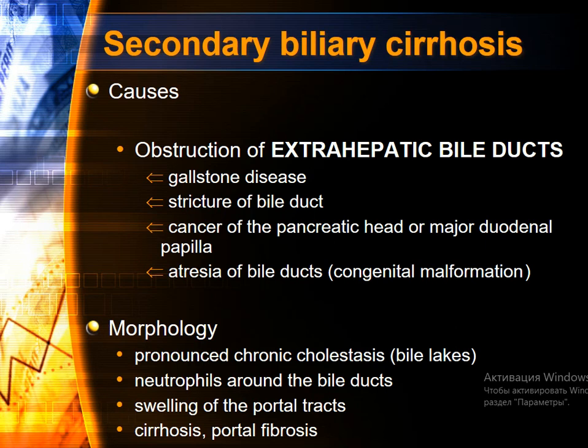So, secondary biliary cirrhosis: the main causes are associated with obstruction of extrahepatic bile ducts like gallstone disease, stricture of bile ducts, cancer of the pancreatic head or major duodenal papilla, atresia of bile ducts in case of congenital malformation. Morphologically we will see pronounced chronic cholestasis, neutrophils around the bile ducts, swelling of the portal tracts, and finally cirrhosis and severe portal fibrosis.